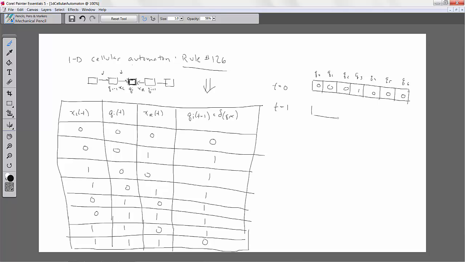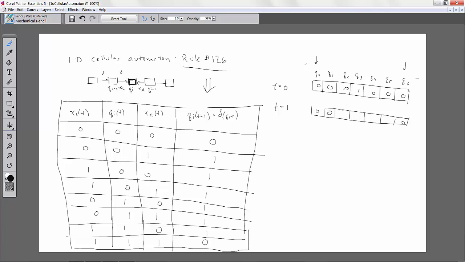So at time 1, we can then transition these values. Based on the rules, and in this case we'll keep the boundary ones as 0, just because we haven't defined how to handle a situation if there is no neighbor to the left or right. So if the cell value and its two neighbors are 0, it stays 0.